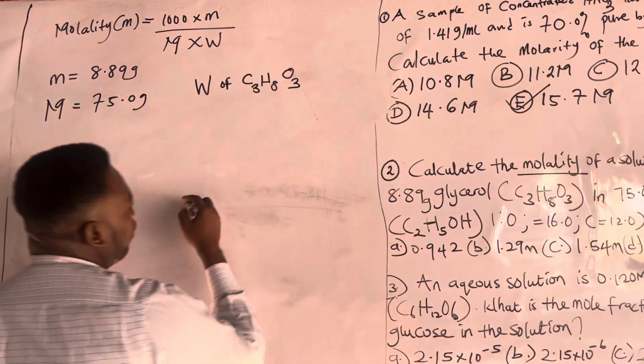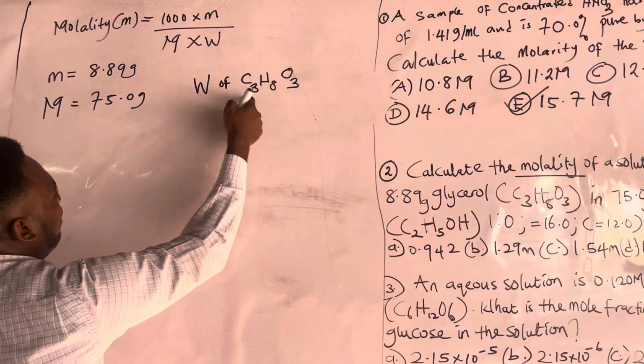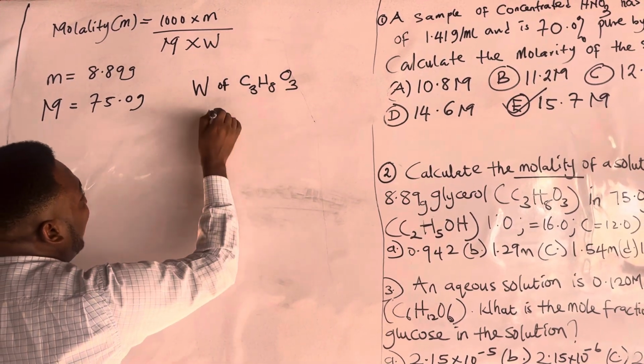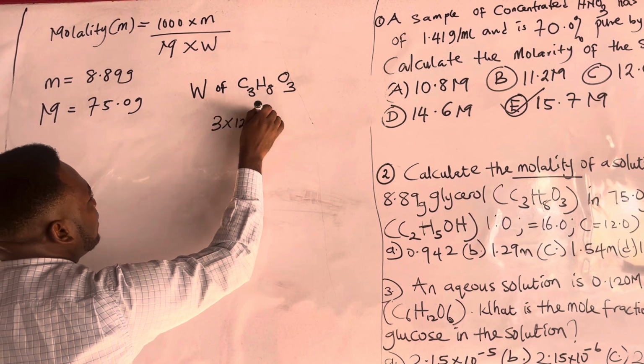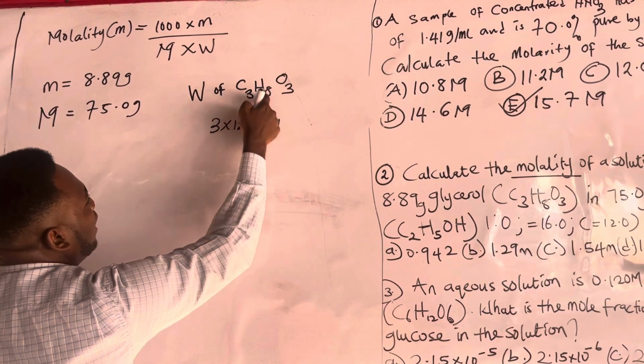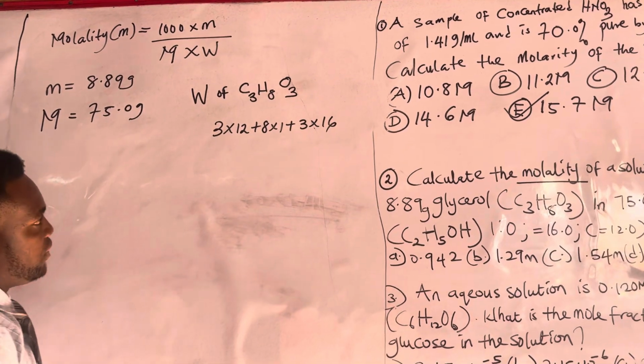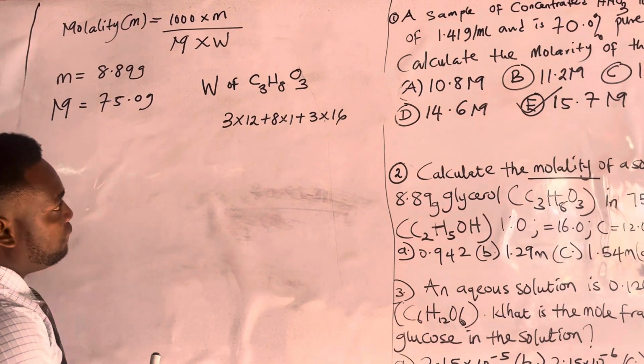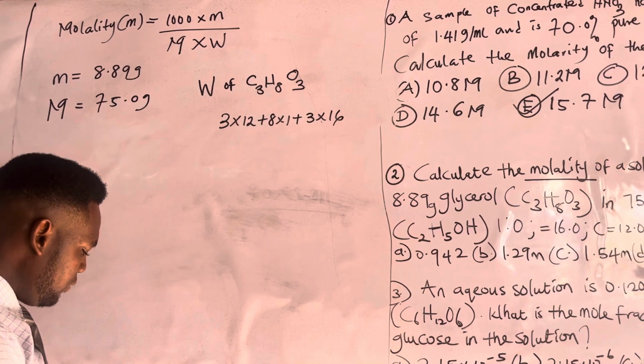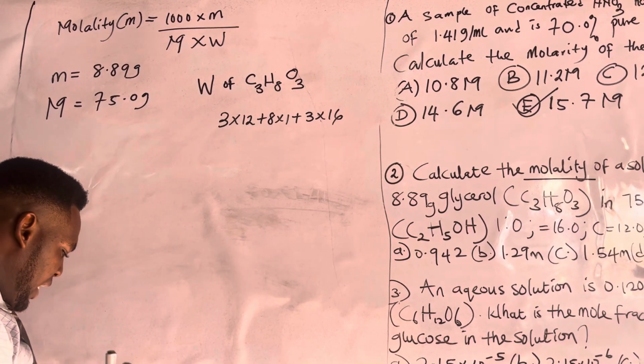Of course, W of glycerol, C3H8O3, can be gotten this way. So carbon is what? 12. And there's 3 there. 3 times 12 plus 8 times 1 for hydrogen plus 3 times 16. Let's use our calculator and do that very quickly. Alright.